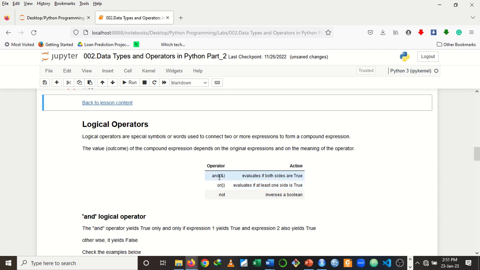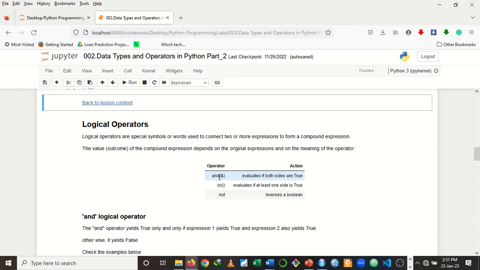So what does the and logical operator do? The and logical operator evaluates if both sides are true. So let's say you have expression A and expression B, and you are combining or connecting them with the and logical operator. The compound expression will be either true or false.